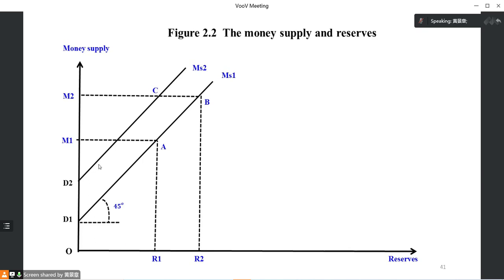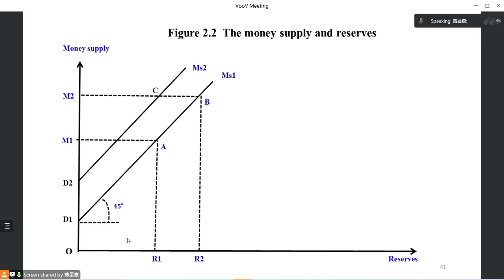Let's see in this figure 2.2, there are two lines. This line means MS2. This line means MS1.